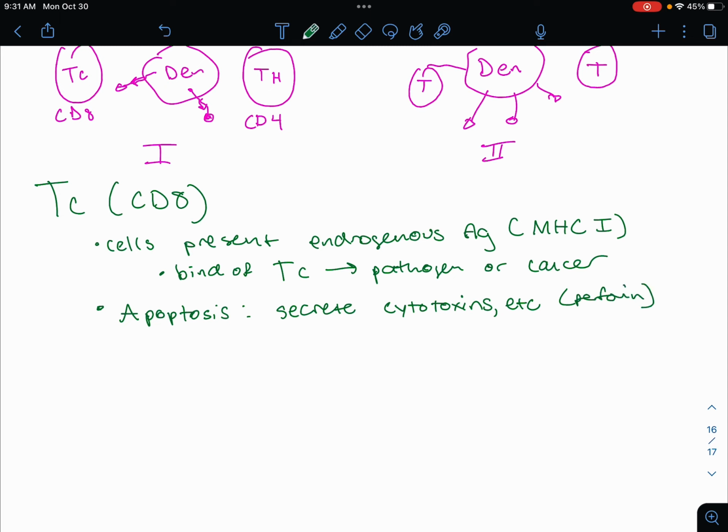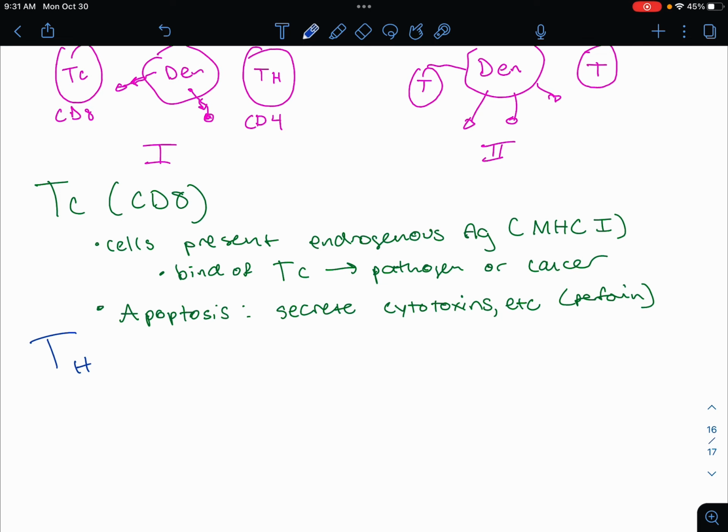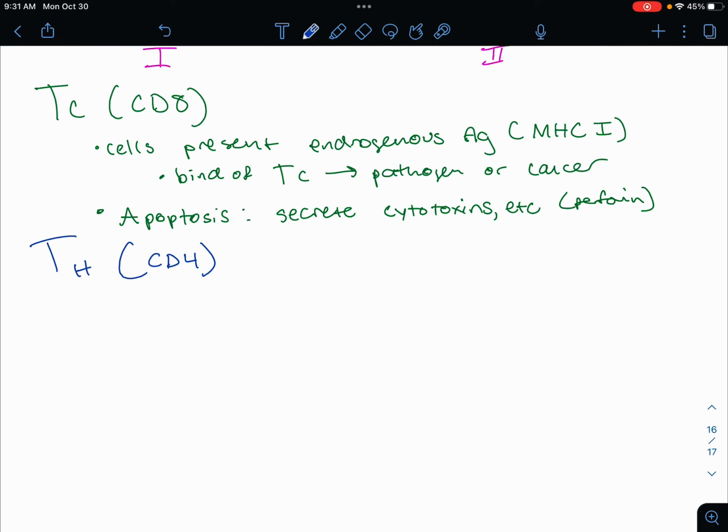Right, and then the TH, or the CD4 cell, is a bit different. This one's going to find exogenous antigen this time. Then, of course, that's tied to MHC class 2.